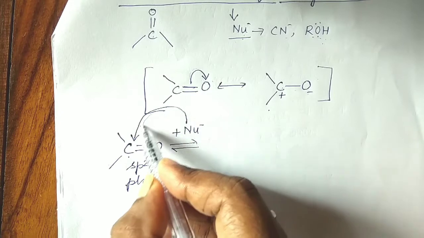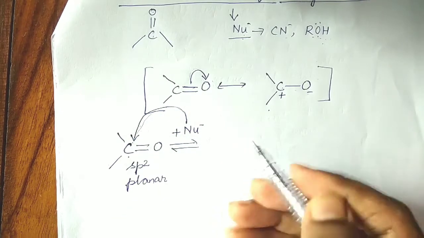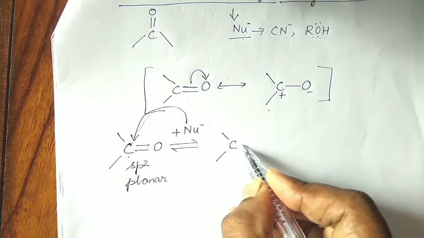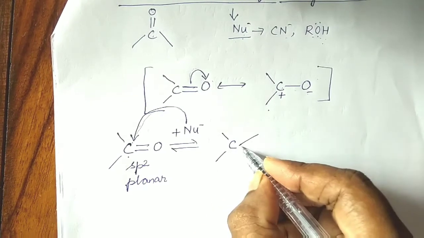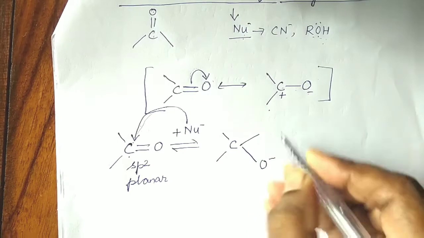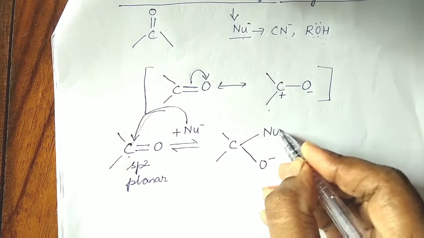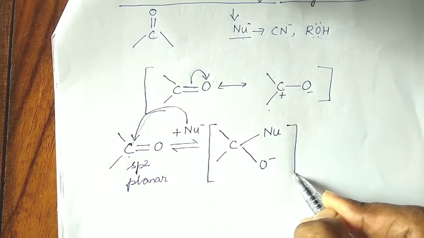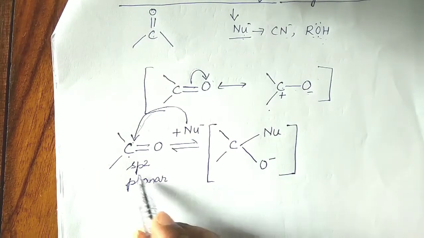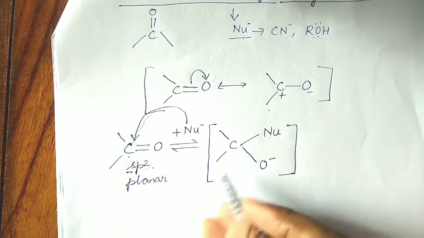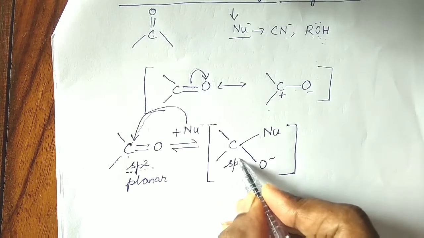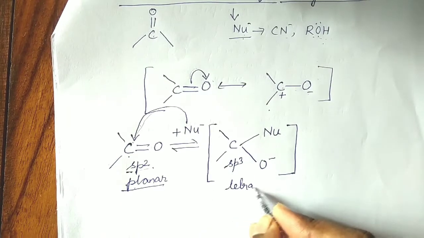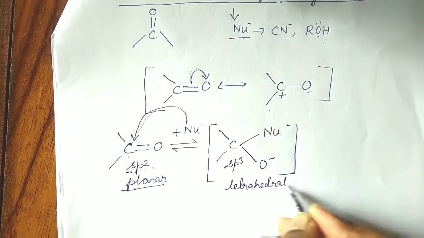This is how the attack will take place. The reaction intermediate which is formed will have an oxygen with the negative charge, and the nucleophile will be added to the carbon. So this is the reaction intermediate. In this intermediate, the hybridization of carbon changes from sp2 to sp3, and the structure changes from planar to tetrahedral.